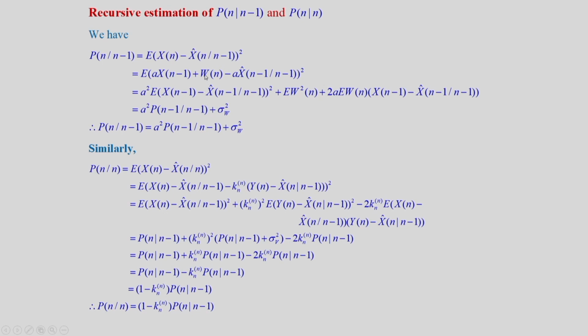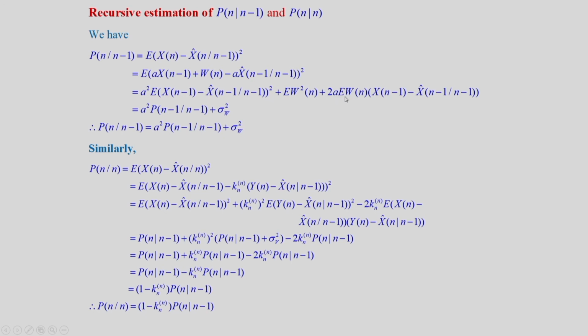Then w n, so E of w square n. Then there will be cross terms, 2 times a into E of this w n into x of n minus 1 minus x hat n minus 1 given n minus 1.